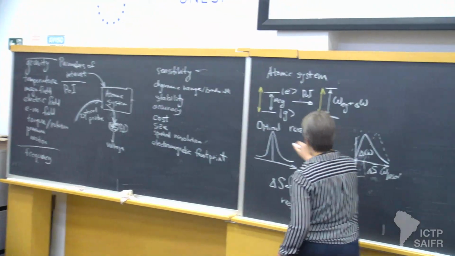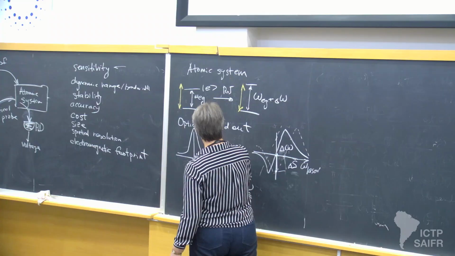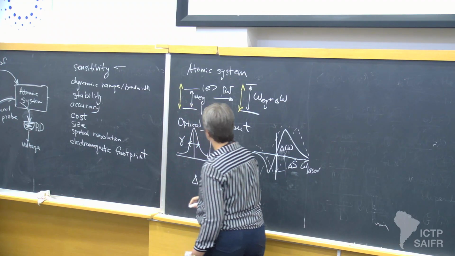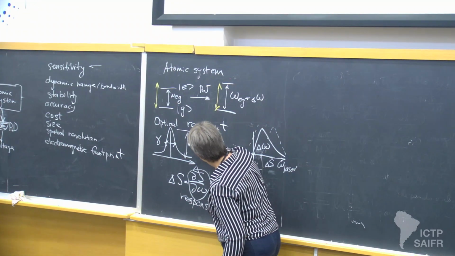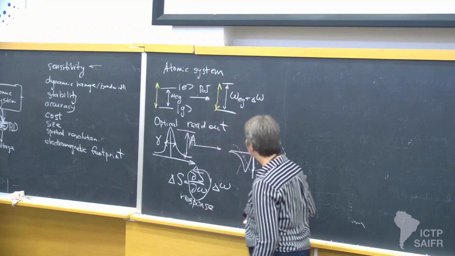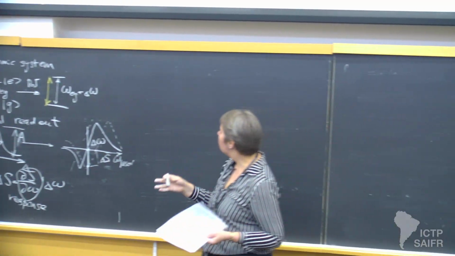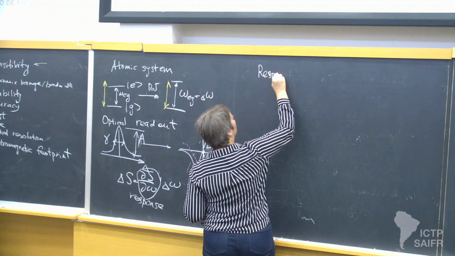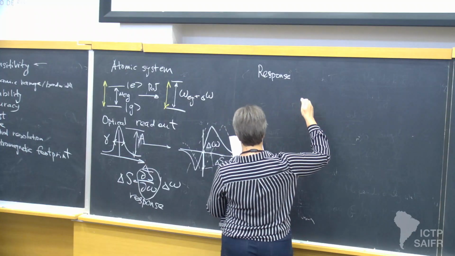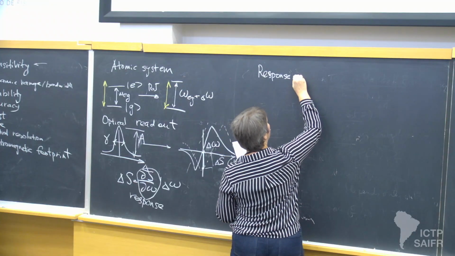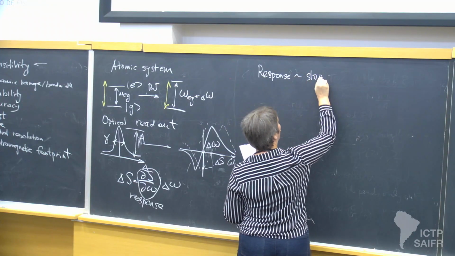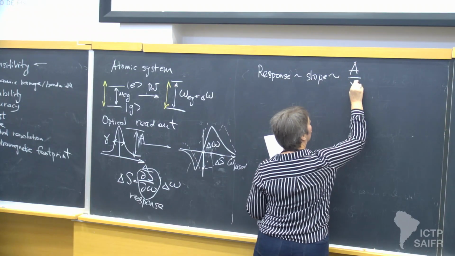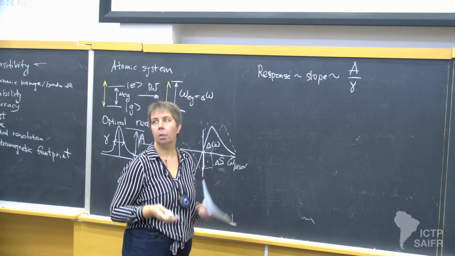So for the resonance, if we know the amplitude of the resonance, and we know the width of the resonance, which I will call gamma traditionally, and this is supposed to be A, amplitude, then, of course, without being super accurate, we can say that the response of the system is basically a slope of this curve, and this is proportional to the amplitude divided by the line width. Kind of makes sense.